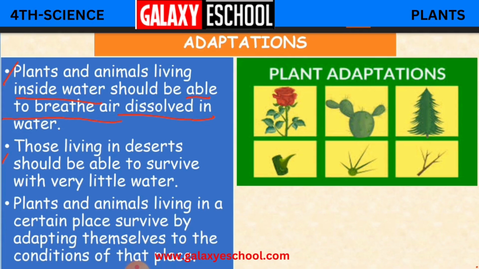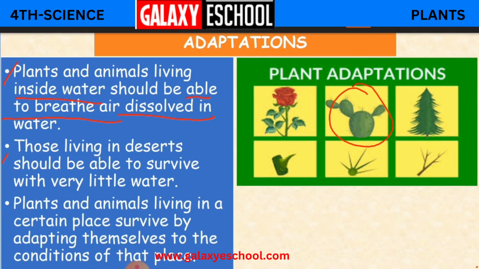And here some plants live in deserts, for example cactus. Here you see this cactus, this is a desert plant. These plants which live in deserts survive with very little water. In deserts we don't have water, but still these plants are able to live there.